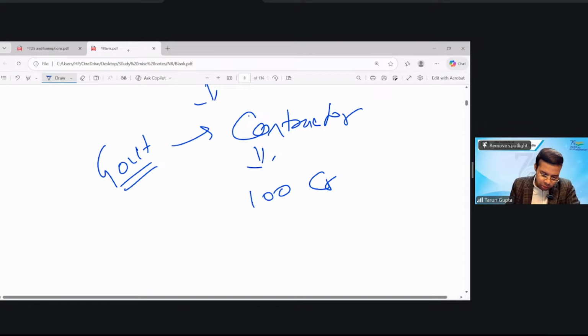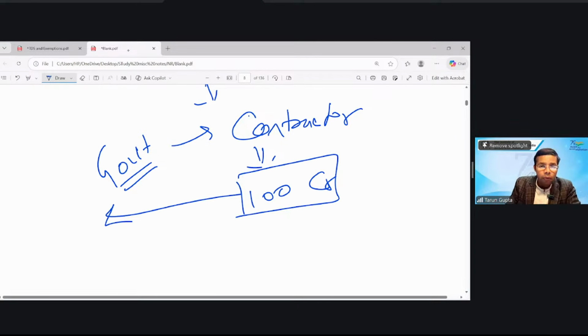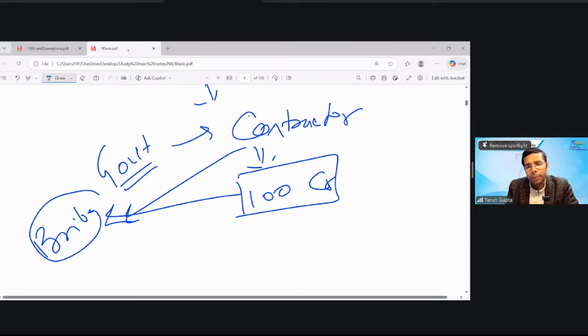Now we all know government officials charge a bribe to award this contract. But how will the contractor pay the bribe? The bribe is all paid in cash.